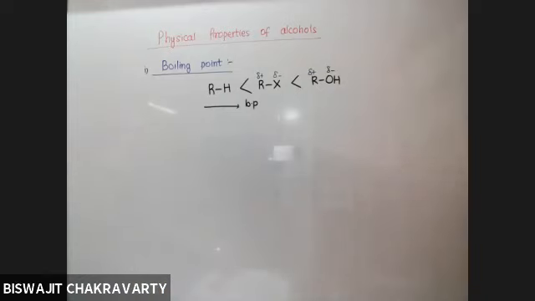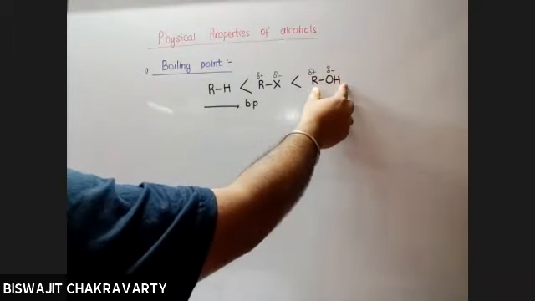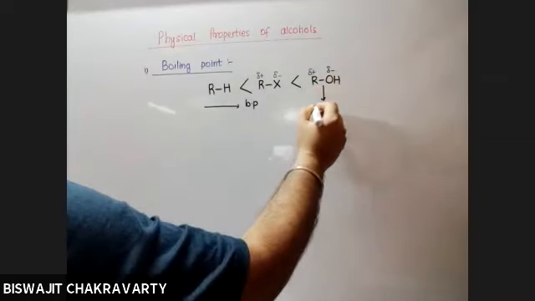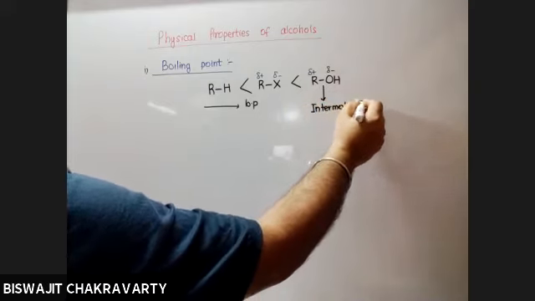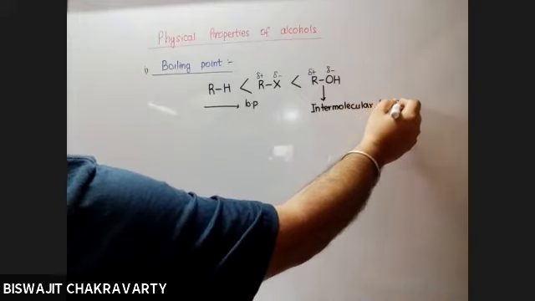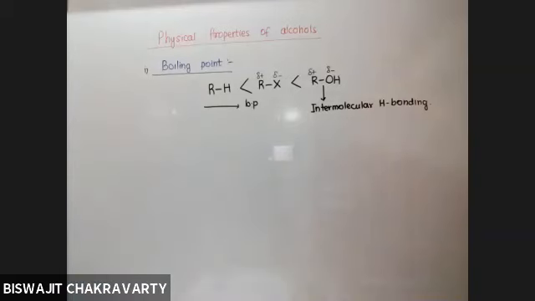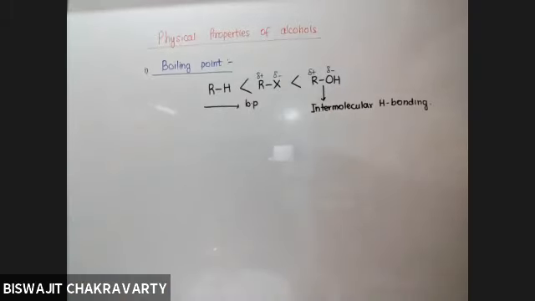But if you look at the magnitude of the polarity, this alcohol has very high polarity, because of which it is capable of showing what is called intermolecular hydrogen bonding, which the haloalkanes were not capable of showing, because in order to show intermolecular hydrogen bonding, not only should you have a highly electronegative atom, but it should be attached to a hydrogen atom as well.